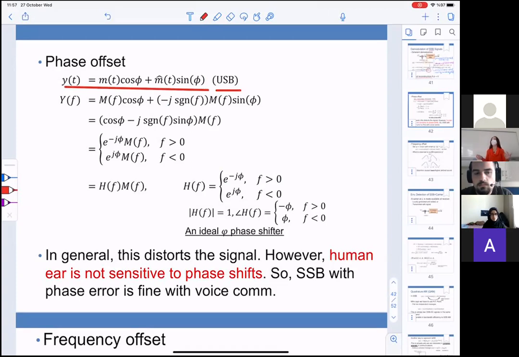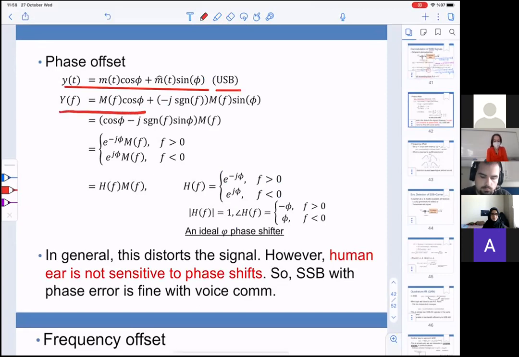But this thing itself looks like what? m of t cosine something plus m hat sine something. That itself looks like an LSB signal, right? We can use the fact that it looks like an SSB signal to understand it better, but let's first analyze it in the frequency domain.